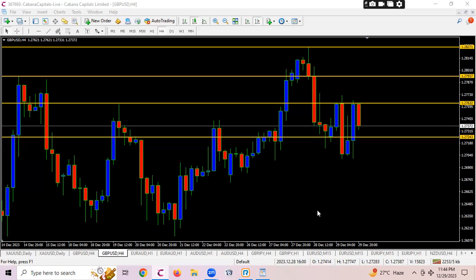For example, if you want to trade the London session, you should analyze the market before the open of London session. If you want to trade Asian session, you should analyze the market before the open of the Asian session. If you want to trade New York, you analyze the market before the open of New York session. Once the market opens, the next thing is execution, execution, execution. So don't mix them up.